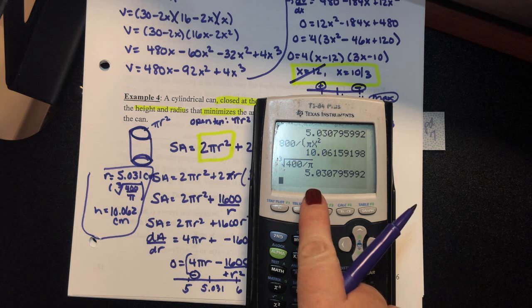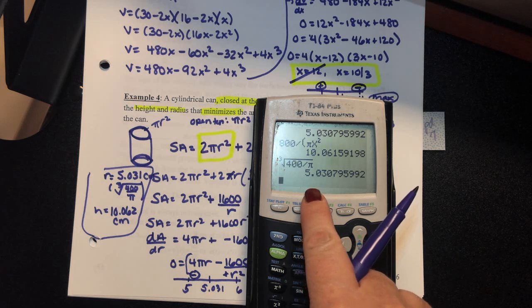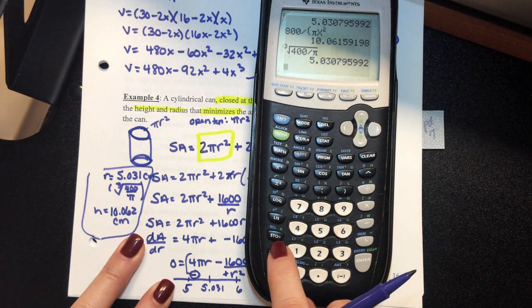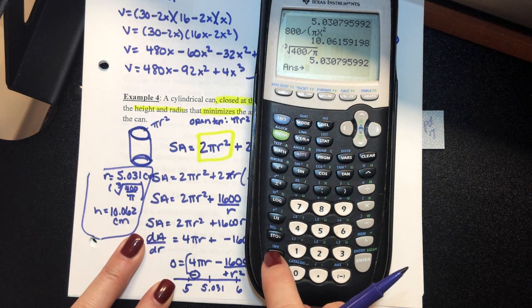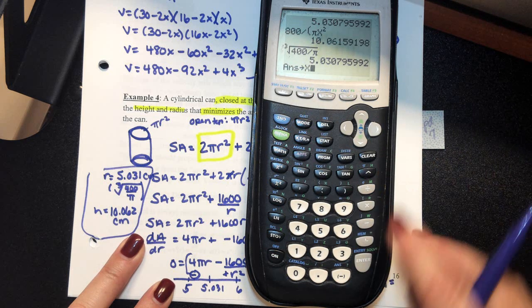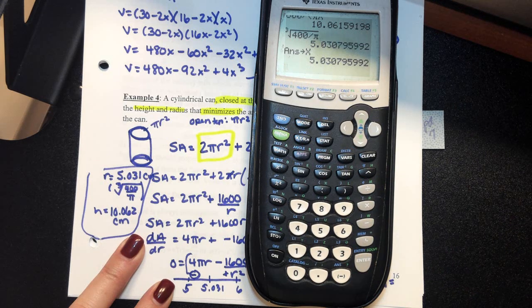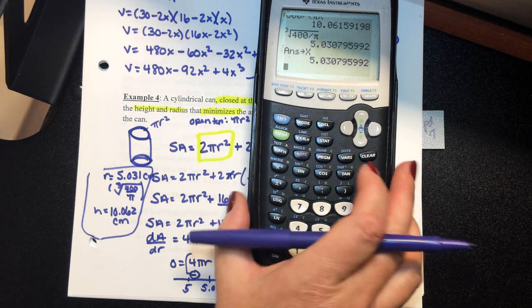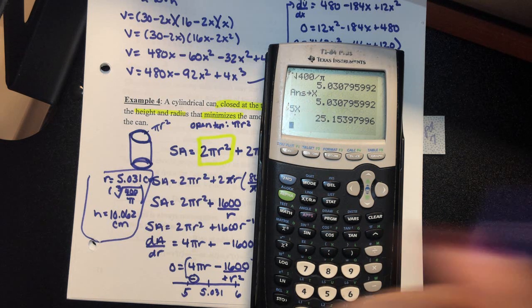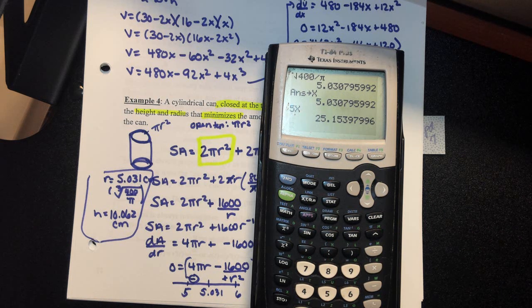So what I can do is tell my calculator, hey, I can store this in for any variable that I want. The store button is located right above on. So I can hit the store button, and I can store it in for any letter that I want. So I'm going to go ahead and store it in for x. So now anytime I hit an x on my home screen, like 5x, the calculator automatically dumps in that x value that I have stored in, with all those stored values up to 100 decimal places.